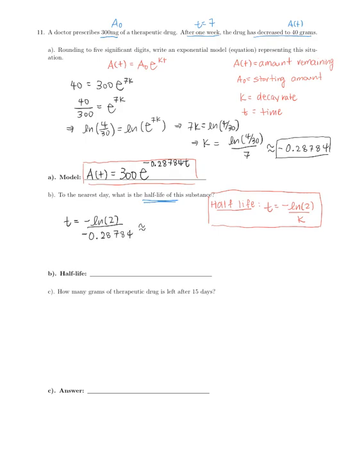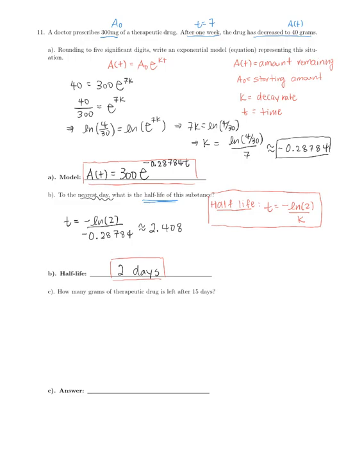Okay, punch that in the calculator. I got this number to be approximately 2.408, and it says to the nearest day, so in this case the half-life will be just 2 days. Okay. All right, now let's go with part C.